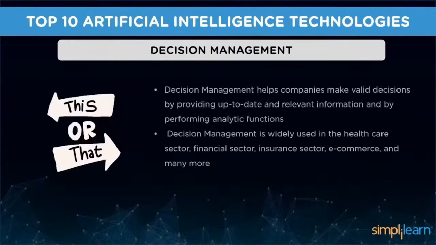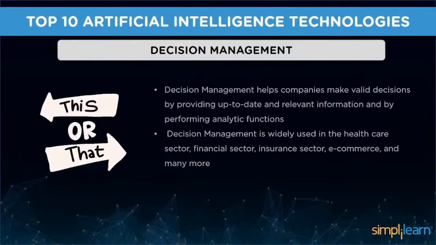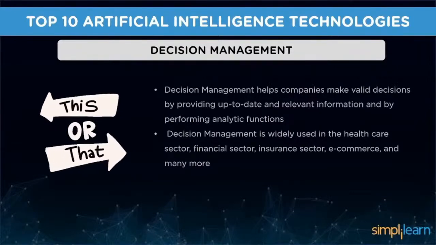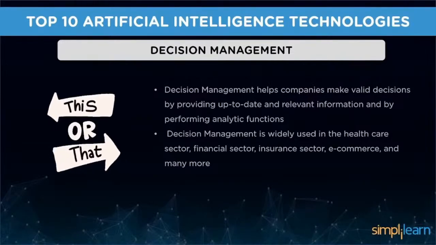Next on the list we have decision management. Decision management is yet another technology in artificial intelligence that helps companies make valid decisions by providing up-to-date and relevant information and performing analytic functions. Artificial intelligence, when combined with decision management, helps translate customer data into predictive models of key trends.